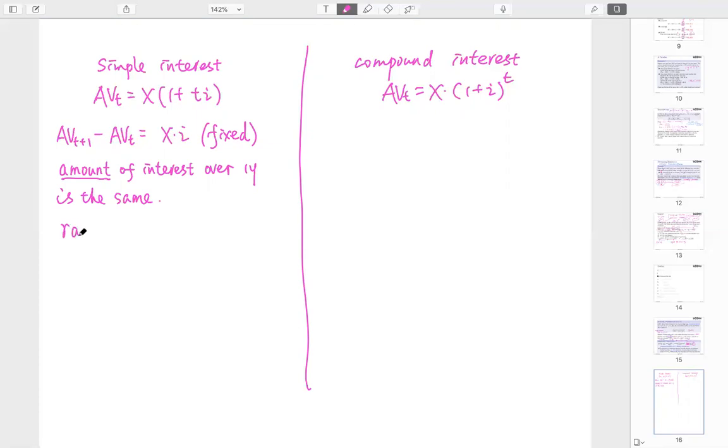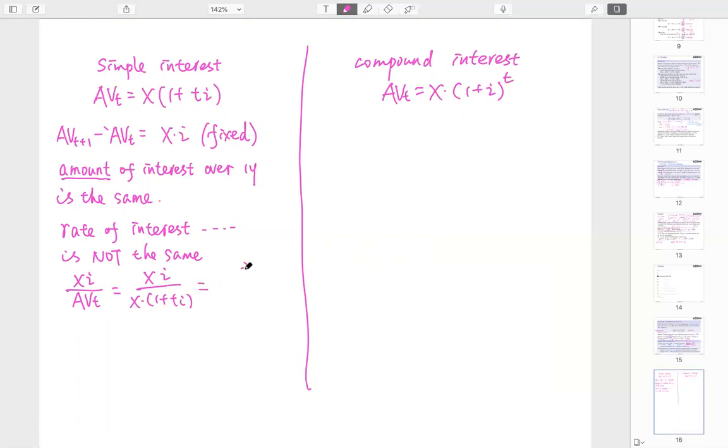However, the rate of interest over 1 year is not the same, because it depends on the starting value, right? So if you want to calculate the interest rate, it is the difference divided by AV t. So if we write it down, it will be x times 1 plus t i.